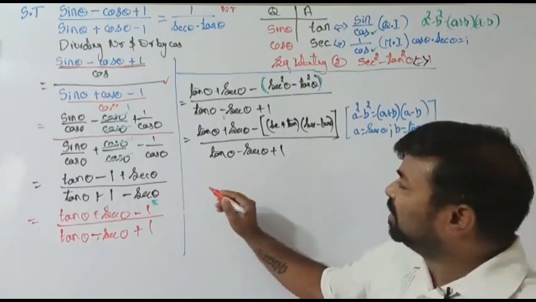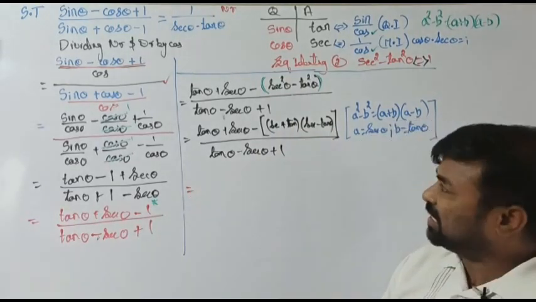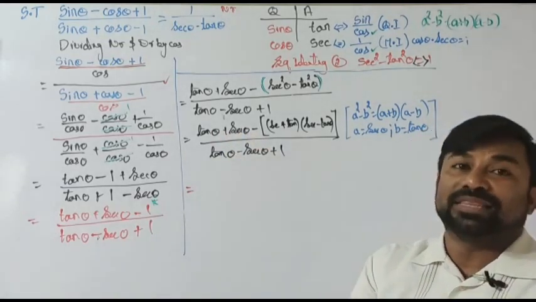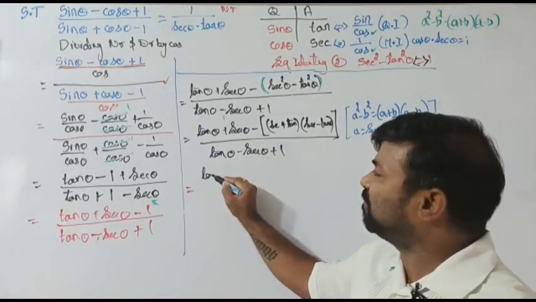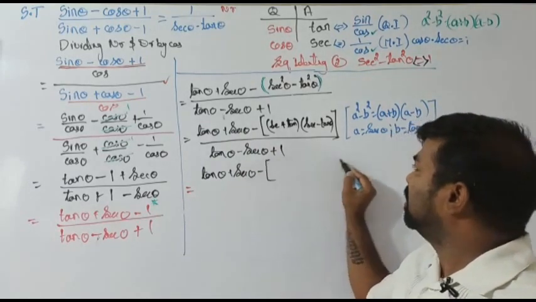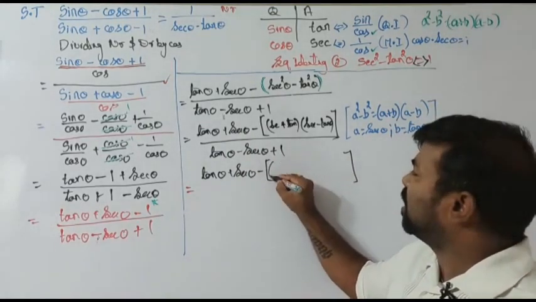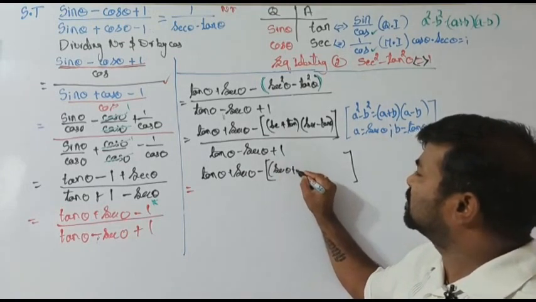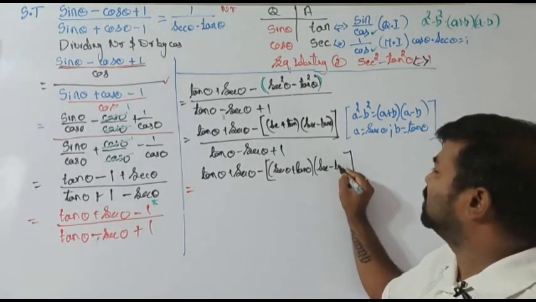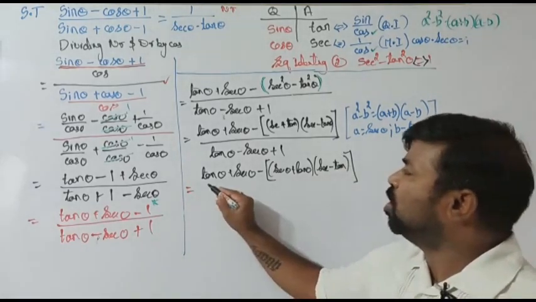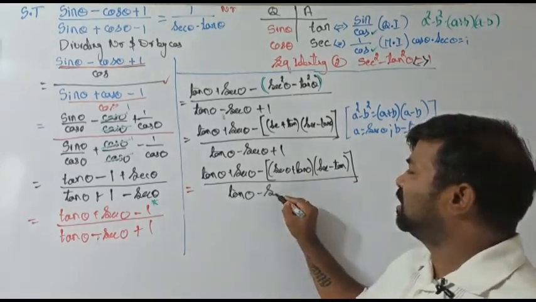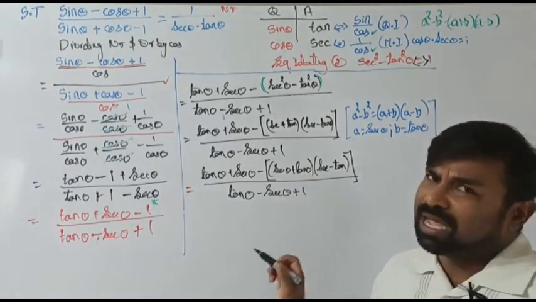What I am doing means, in the next step, the tan plus secant, I like to keep it in the parentheses. See here, I am writing the same stuff. Tan theta plus secant theta minus the same, right? The secant theta plus tan theta into secant theta minus tan theta as usual, whole divided by tan theta minus secant theta plus 1, the same as it is.